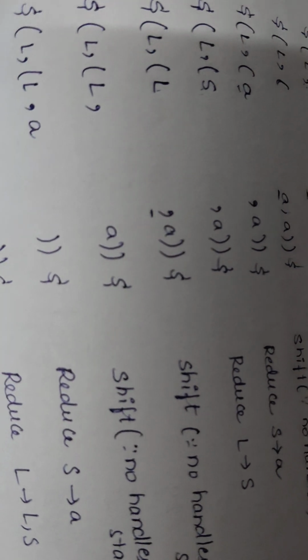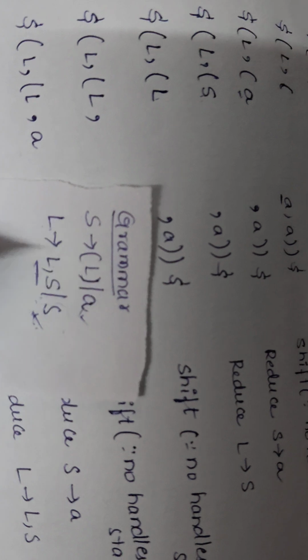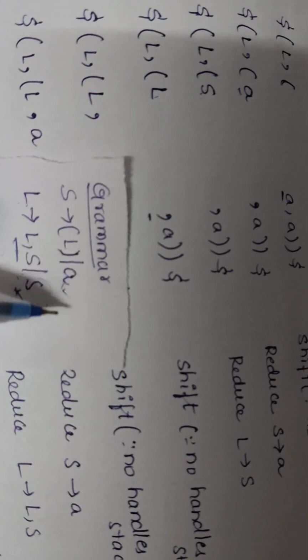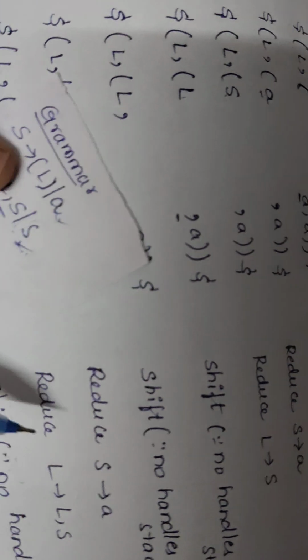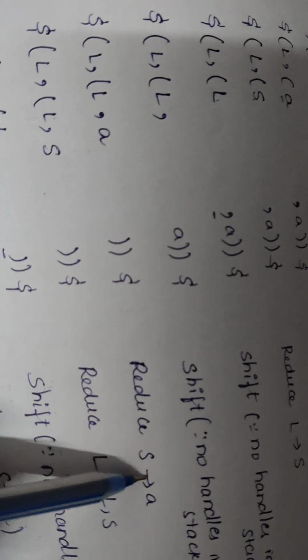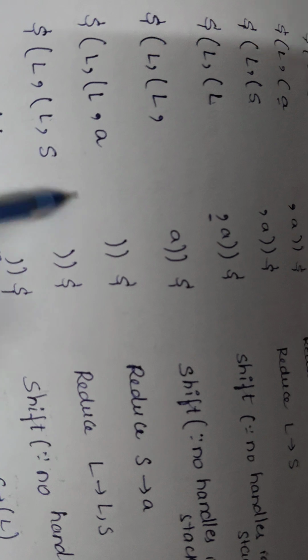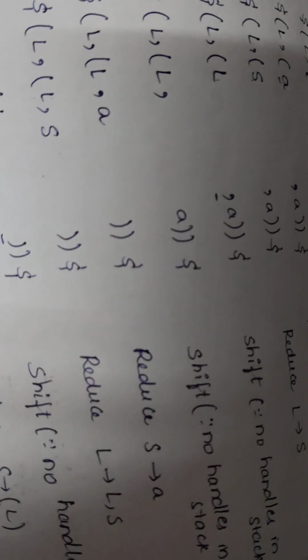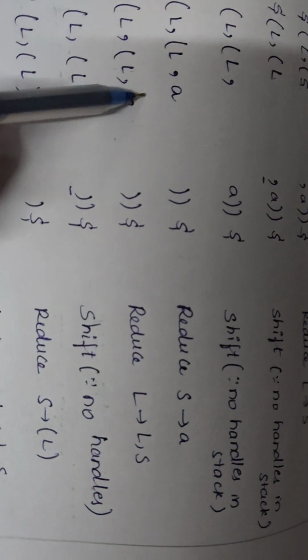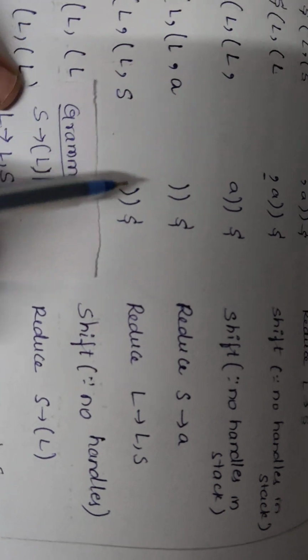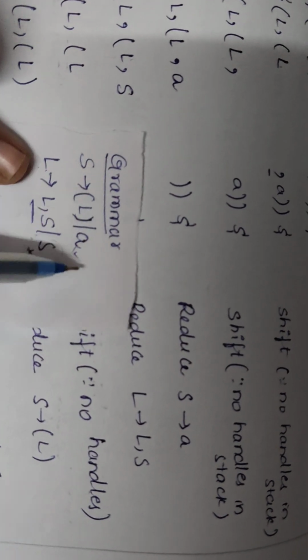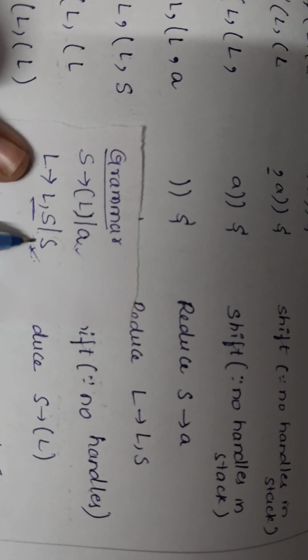A is present in the grammar. Since A is present in the grammar, we need to reduce S produces A. We will be popping this and pushing this here. Okay. Next, do we have S alone? S we have.